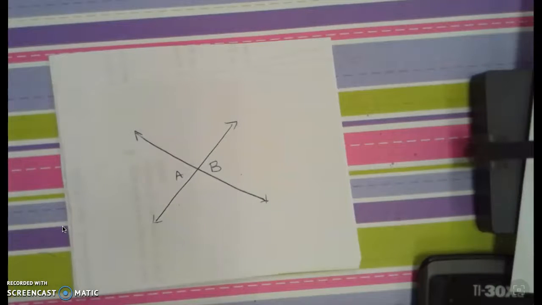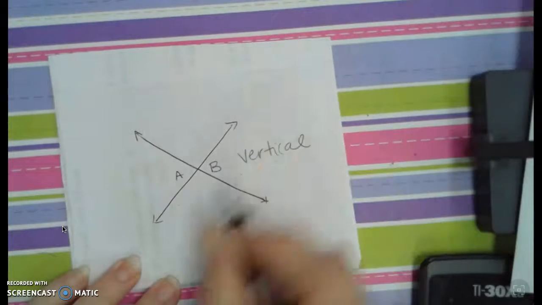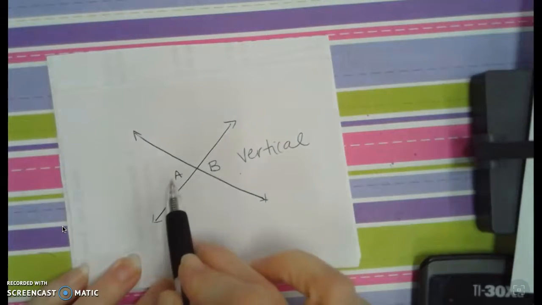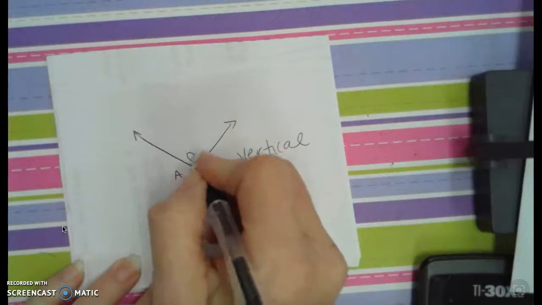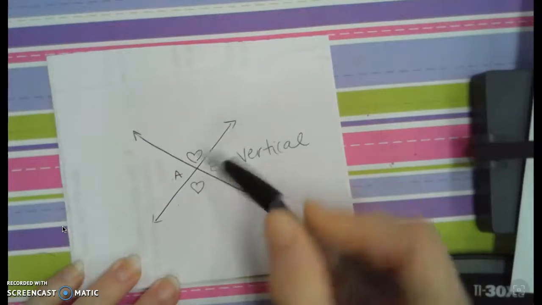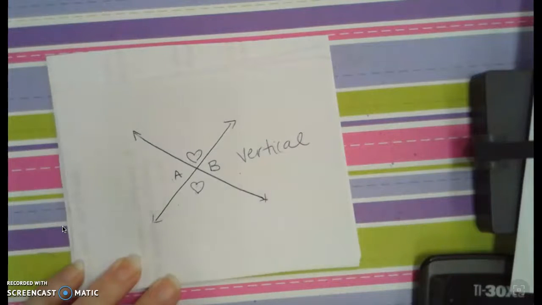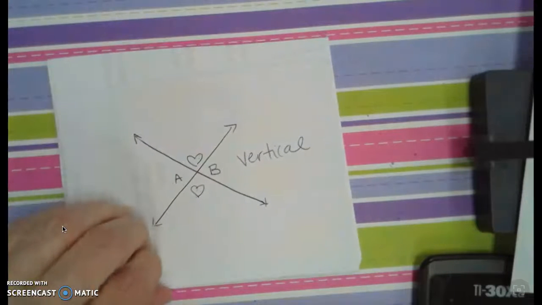The reason we know this is because of vertical angles. So angle A and B would be vertical. And if I put a heart here and a heart here, these two are also vertical angles. So two angles across from each other are vertical angles, and they're going to be equal. So that's not too bad.